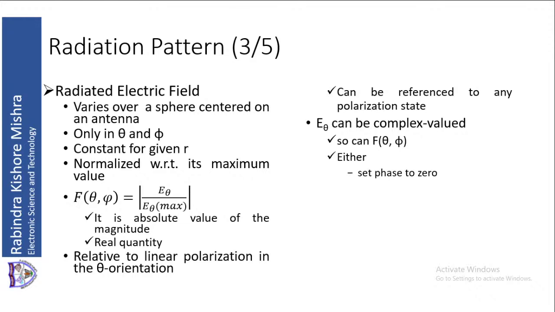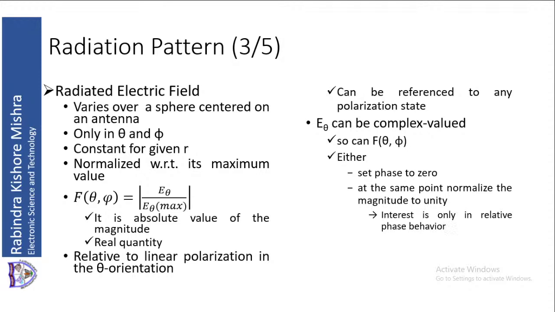To get it in absolute value, either we set the phase equal to 0. Once you set the phase equal to 0, the complex part goes and only the amplitude part remains. So set the phase equal to 0, or at the same point normalize the magnitude to unity, as we have shown: F theta phi is equal to E theta by E theta max. We can do either of these two things. Why do we do normalization?